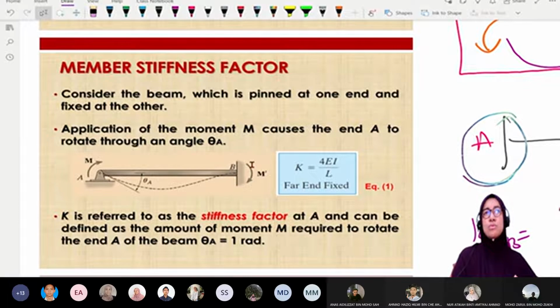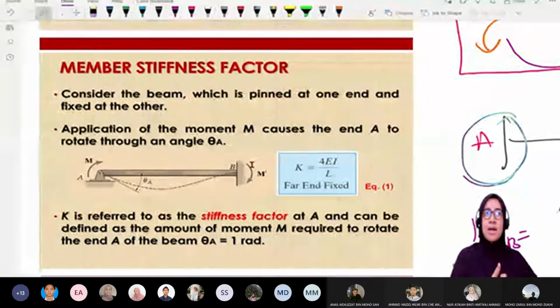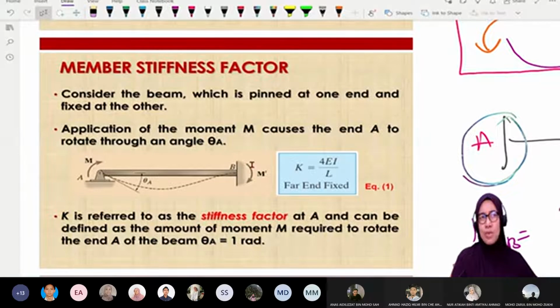You learn how to calculate reaction in frame, truss, and arch cable, applying equilibrium equations. After that, you also learn how to write shear equation and moment equation.